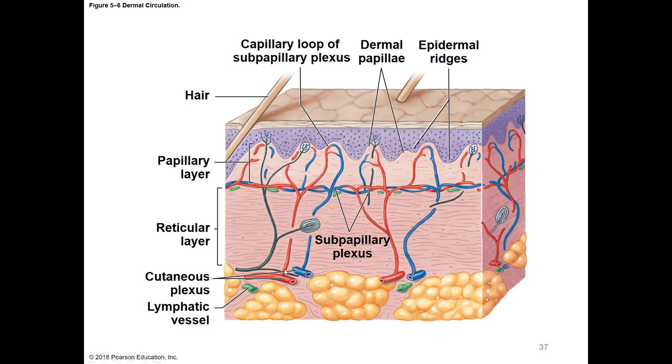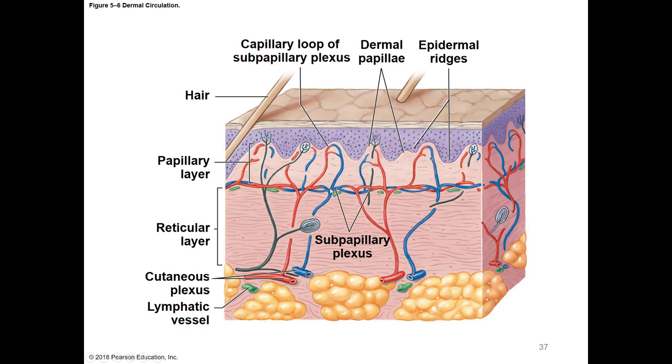Then you can see that we have smaller branches coming off of these large vessels forming a subpapillary plexus, which is a smaller network of blood vessels closer to the epidermis. And then small capillary loops go right up to the edge of the epidermis and come back down again.